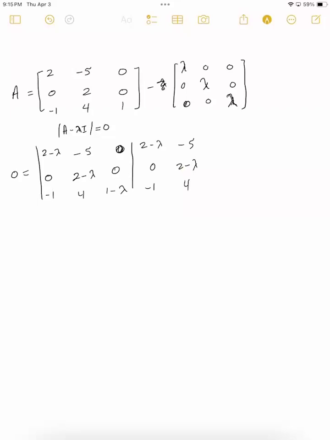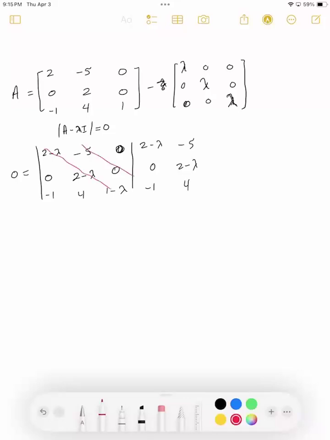So we are going to multiply this diagonal, and this diagonal. Anytime there's a 0 on the path, we get a 0. So we are only left with the main diagonal.